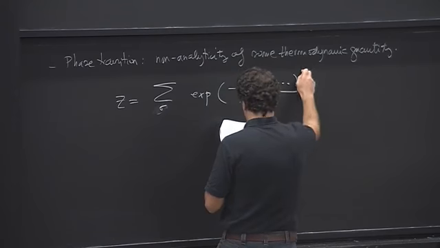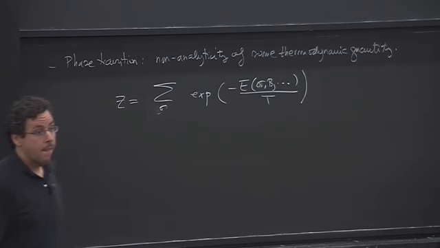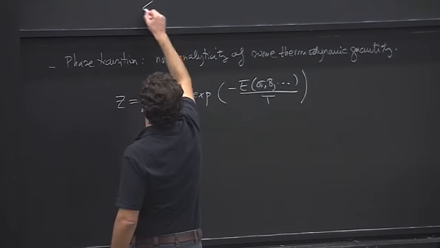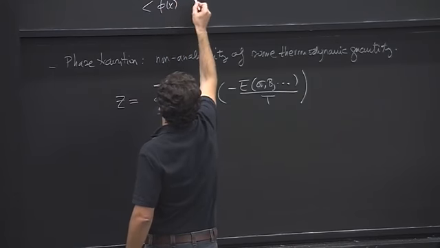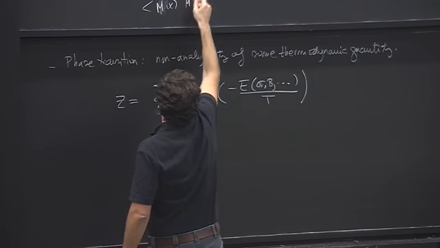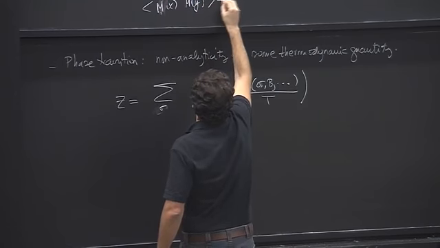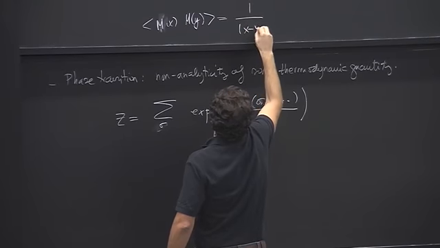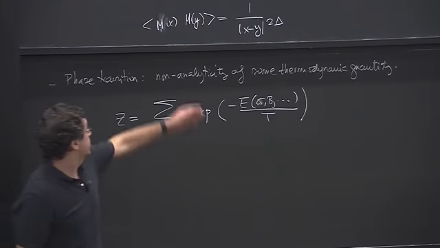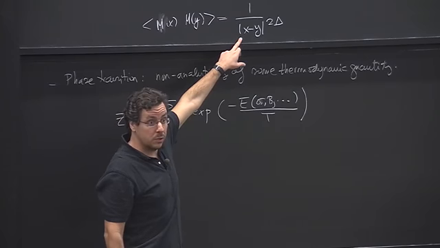Okay? Sorry? What do you mean by power law behavior? It means that if I compute the correlation function between phi x, this could be magnetization, and I look at the scale, it's a power law with respect to the coordinates.